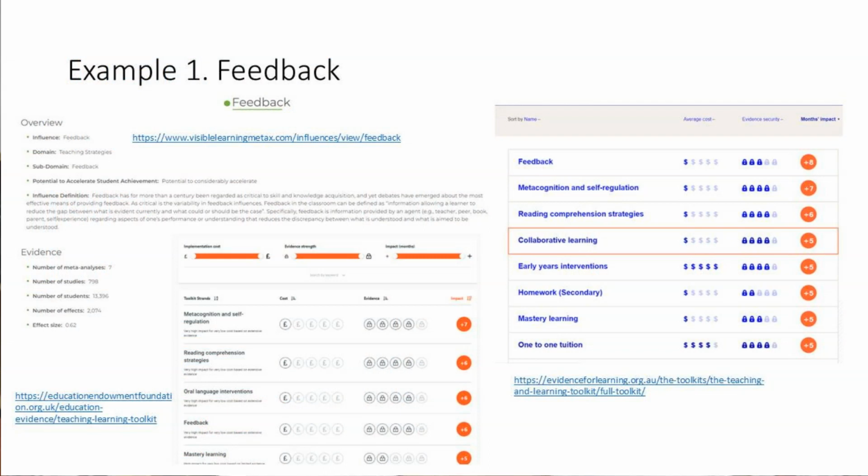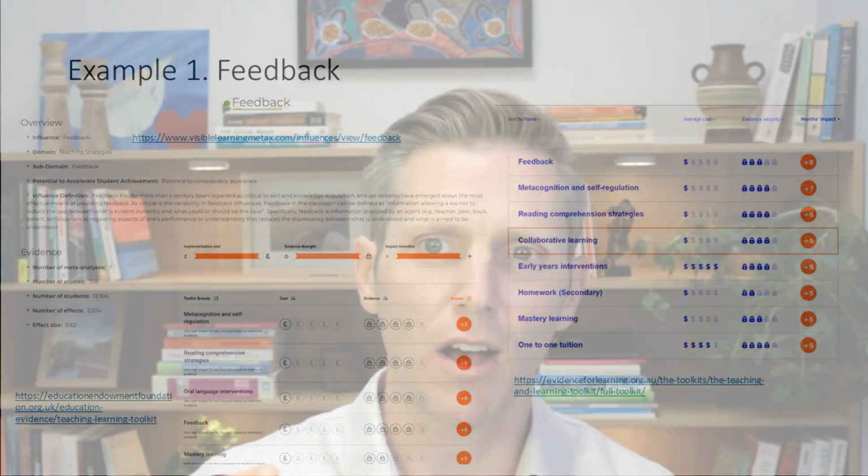So we see on the Evidence for Learning website, this is an Australian version of the Education Endowment Foundation's process for delivering evidence in a way that's accessible and easily interpreted for teachers. They suggest that feedback is right up the top of the low-cost, high-impact strategies to improve academic achievement in students.